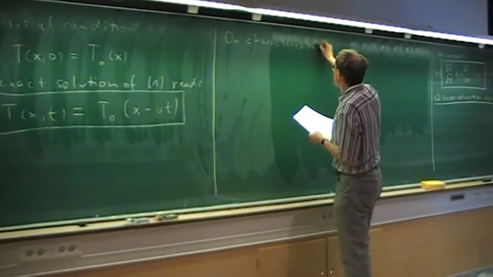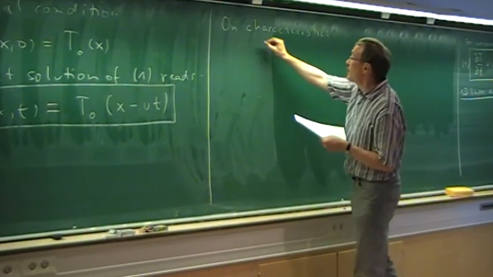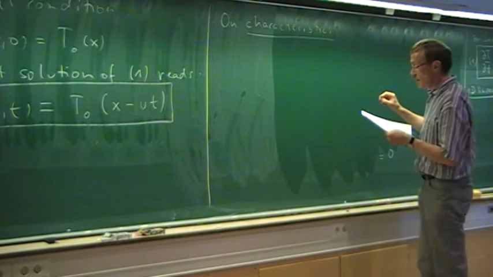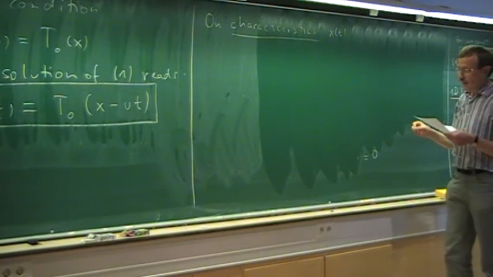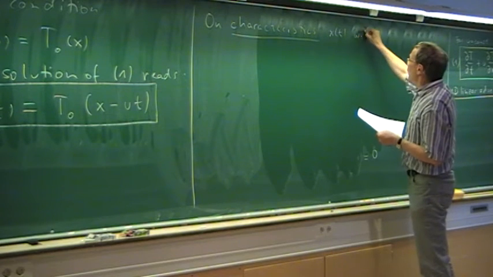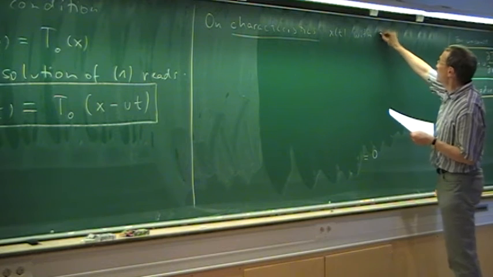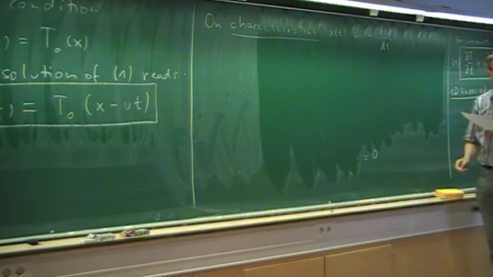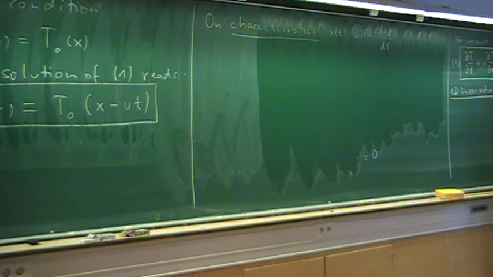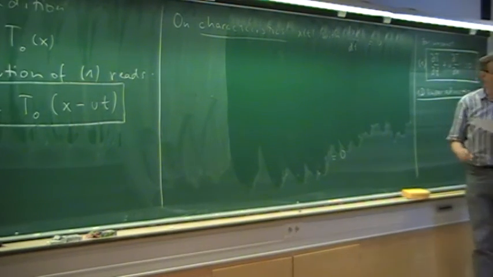So on characteristics, this will be some repetition for the people from TP 4280, Introduction to CFD, but I think it's useful. So these characteristics are defined by curves x(t), so x is no longer an independent variable, but it's dependent on t, and its slope is given by the constant velocity u.